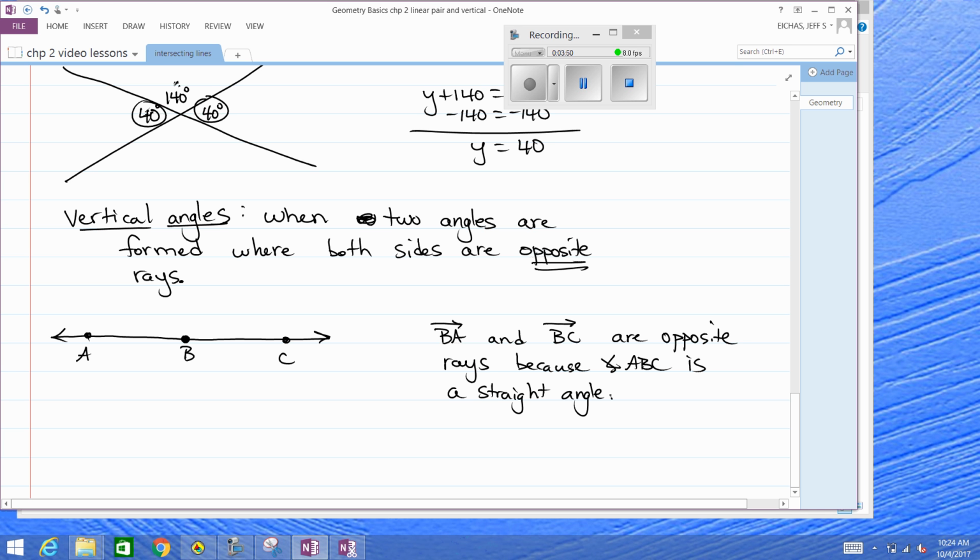Okay? Now, here's what we do when we develop vertical angles. We come through like this with another pair of opposite rays. We'll call this D and E, right?